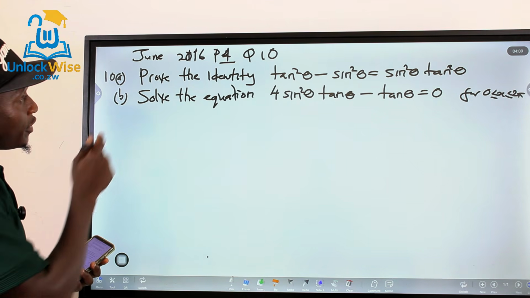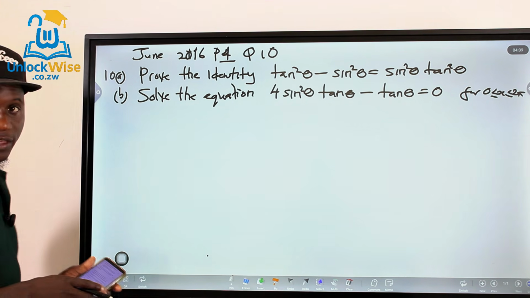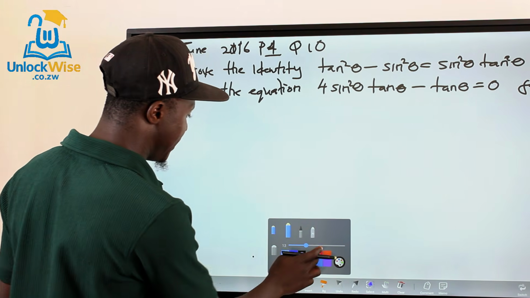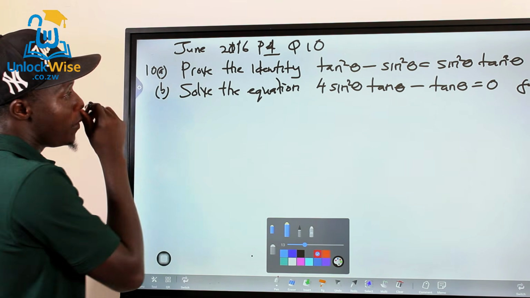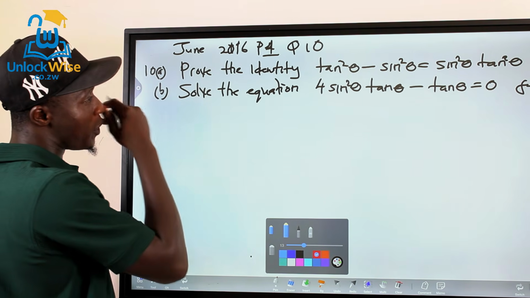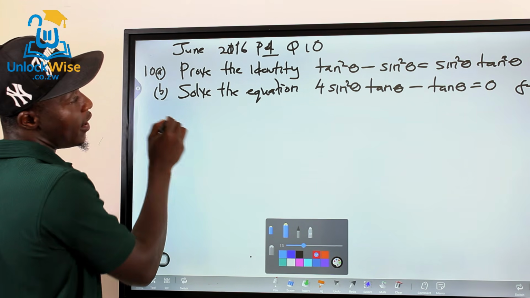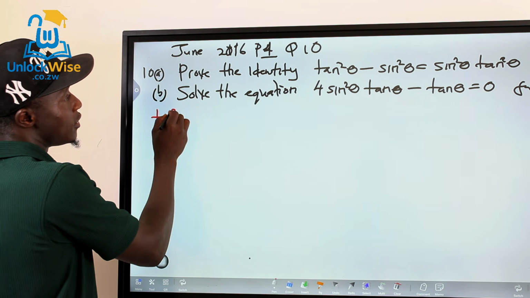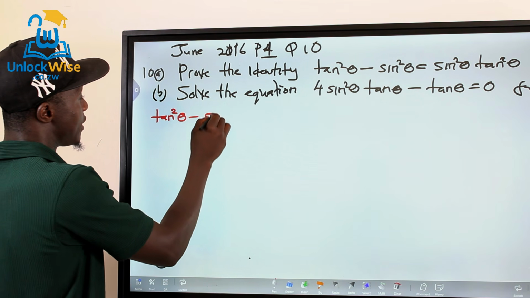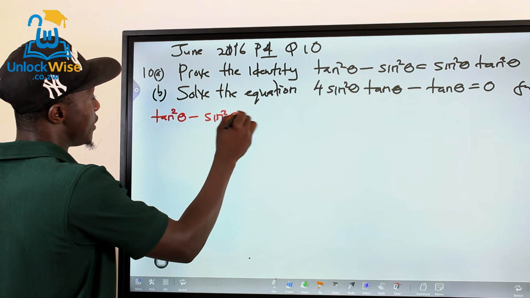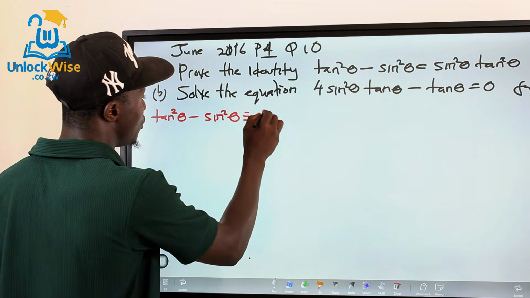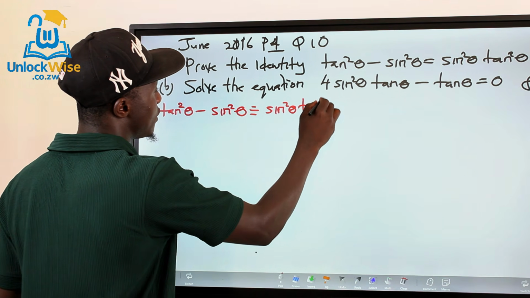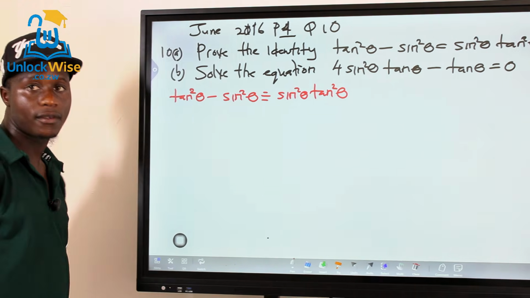So the first question, I am going to prove the identity. Help me to prove the identity, because this was the topic we did in our last live. Tan squared theta minus sine squared theta is identical to sine squared theta tan squared theta.